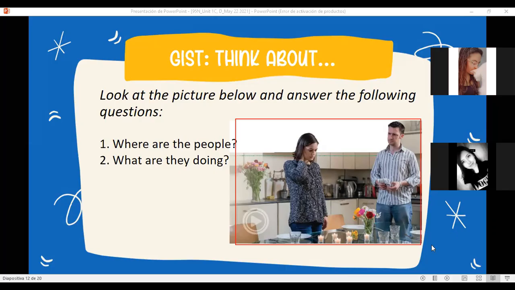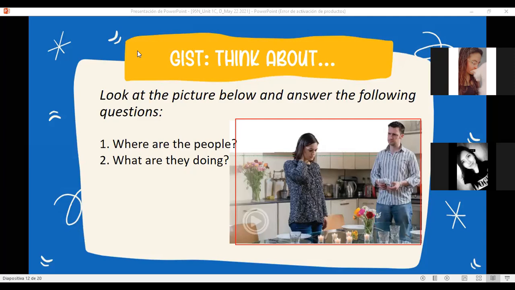Okay, probably they are going to have a romantic dinner. Anita, what do you think they are going to do? I think that they are sitting at the table for lunch. Okay, probably they are going to sit at the table and have some lunch.